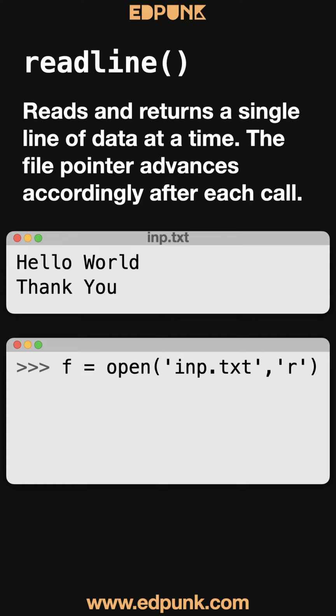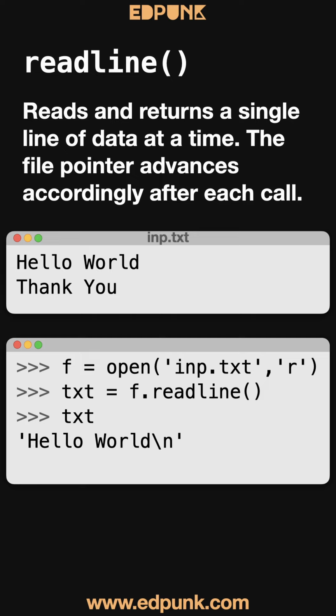The file pointer is at the starting of the file. Now, let us read the first line using f.readline() and assign it to the variable txt. Let us display the value of txt, which returns the string "hello world", ending with the newline character, that is the first line of the file. Now, executing f.close() closes the file object.